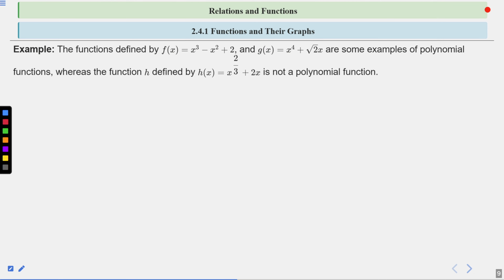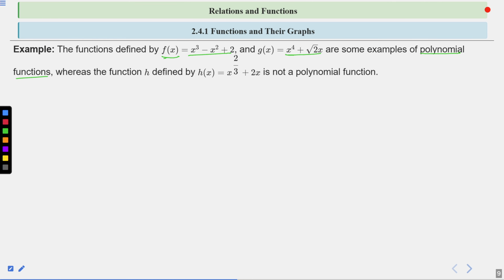Now let's see an example. So if f(x) is written like this, x cube minus x square plus 2, and g(x) like x raised to power 4 plus root 2 times x, these two given functions f(x) and g(x) both are examples of polynomial functions.